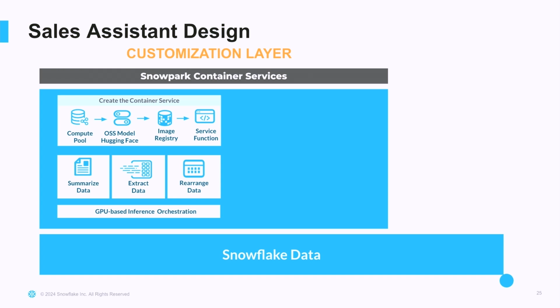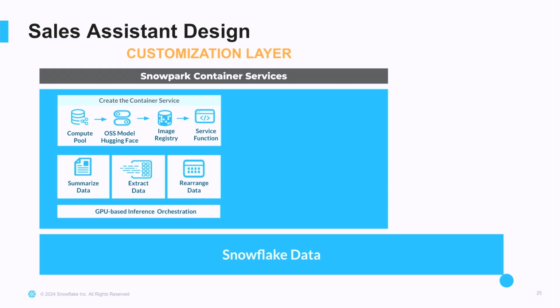To create a service, it's not very hard, we only need 4 steps. The first step is to create a compute pool. The second step is to use Hugging Face to find a model that will fit. The third step is to create a Docker image and upload the Docker image to our repository. And the fourth step is, with a few lines of SQL, you can create a container service.